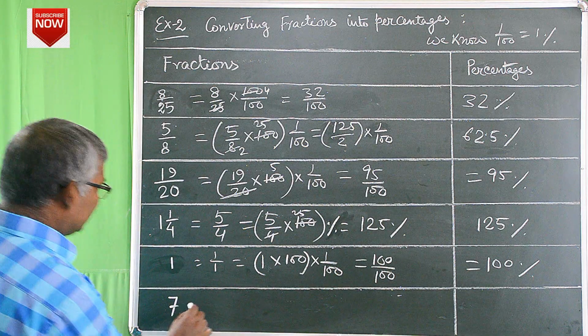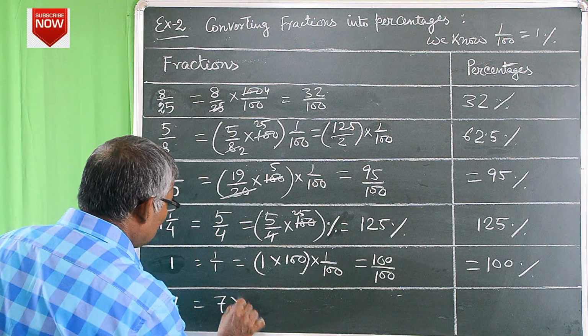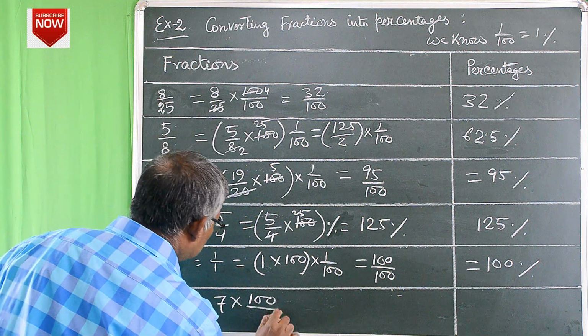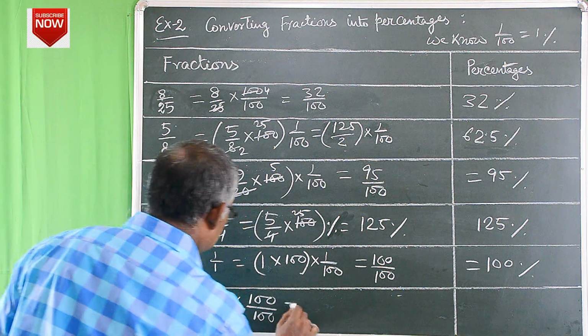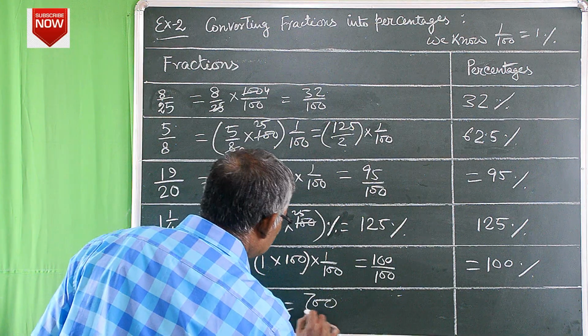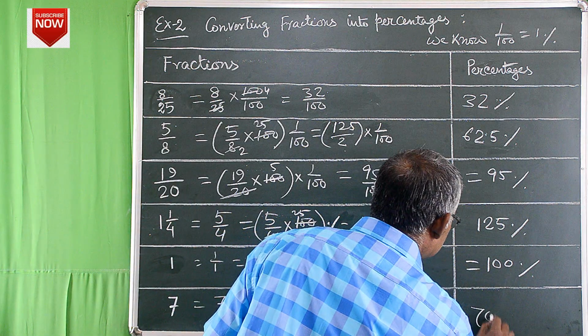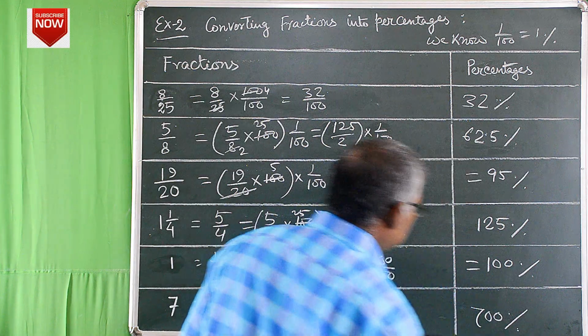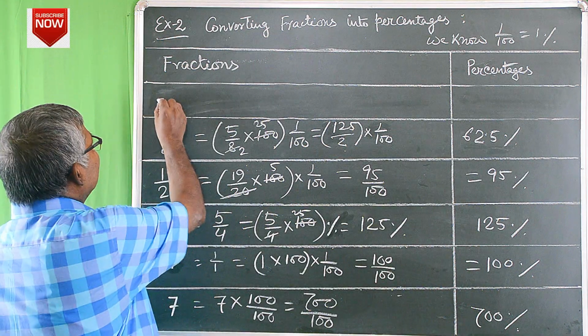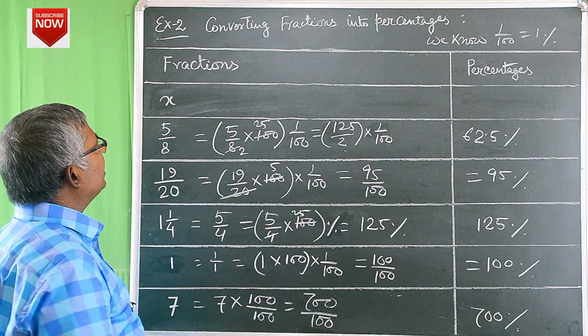Similarly, 7 can be written as 7 into 100 by 100, equal to 700 by 100, equal to 700%. Students, let x be any number or a fraction.